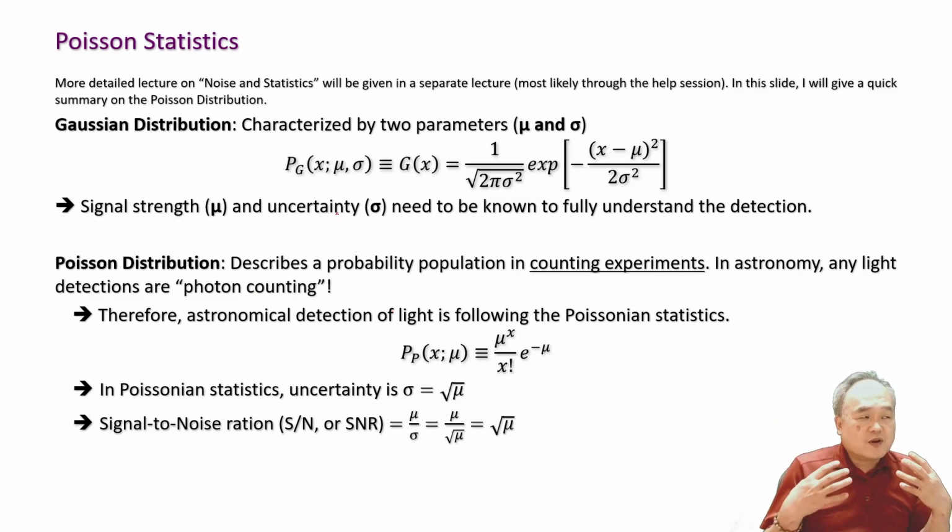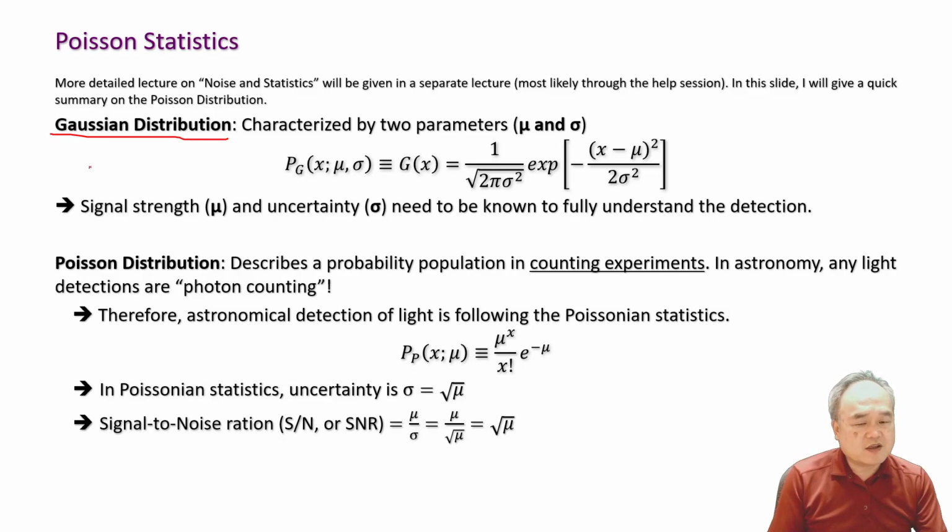We have all heard about the probability distribution function called the Gaussian distribution. The Gaussian distribution is the very typical, nice, bell-shaped curve of probability. This bell-shaped curve, the Gaussian probability distribution, is characterized by two parameters.